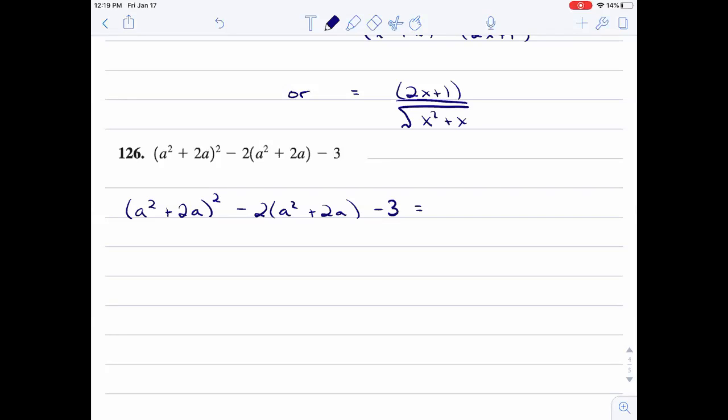What I'm seeing is I've got a term squared and then minus 2 times that same term. So the only holdup here is my minus 3. To be completely frank with you, I don't see the most obvious way to do it unless you did.